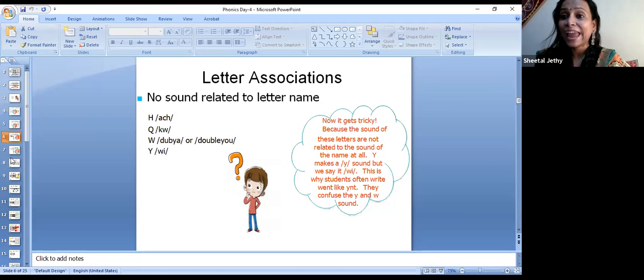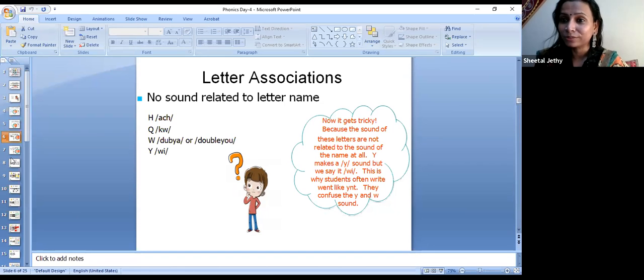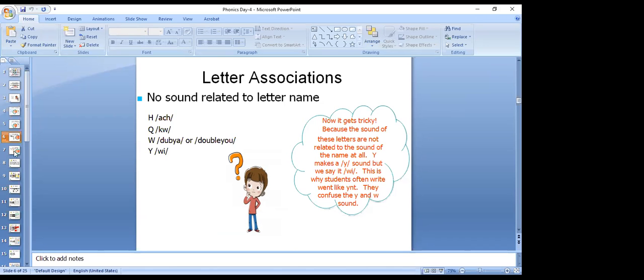So if you say H, A-C-H, H, Q, W, Y, right? So these alphabets have a couple of letters put together to make the name. And hence it becomes much more tricky when the child reaches these alphabet sounds. Correct?